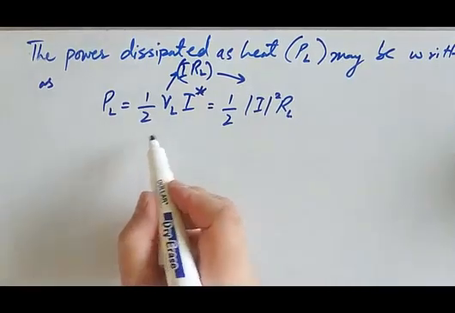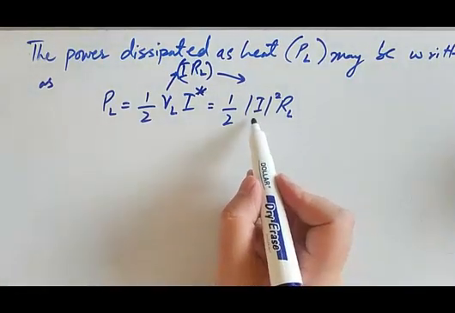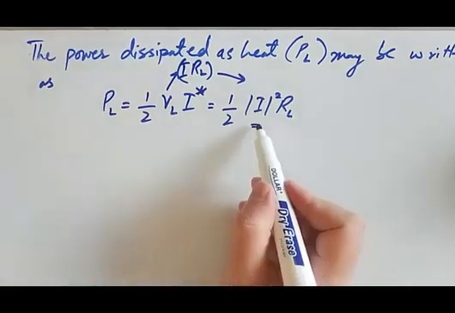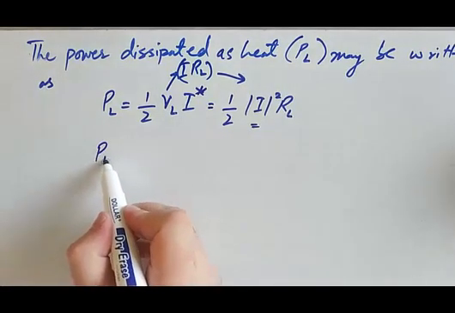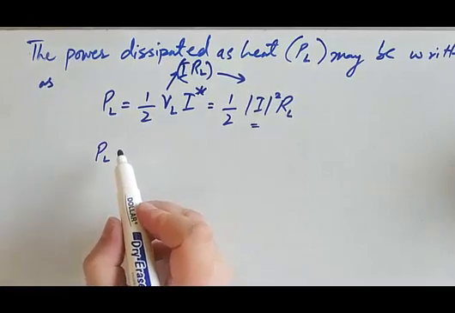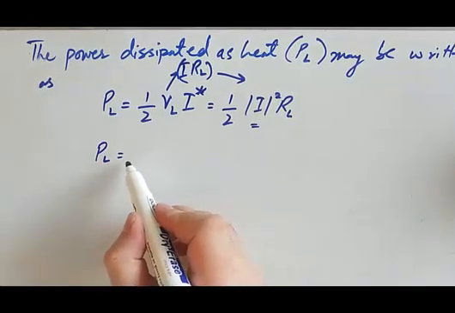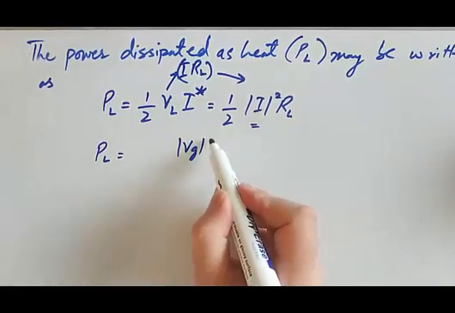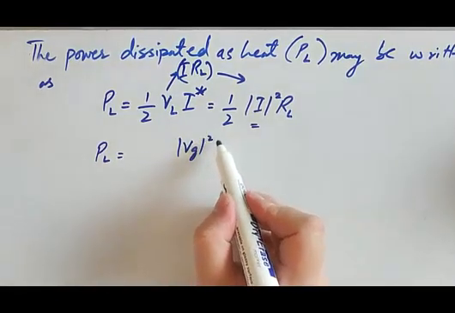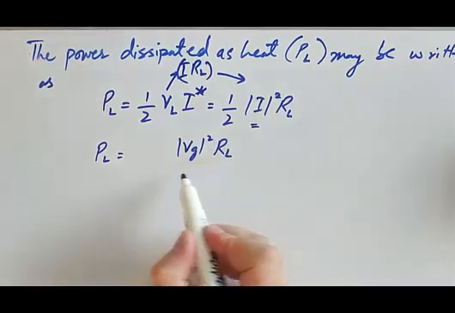Now we already knew the value of |I|, so we can plug in the value of |I| and find out the equation for the power dissipated in the antenna. By plugging in, you can find out easily, it is |Vg| squared into RL.